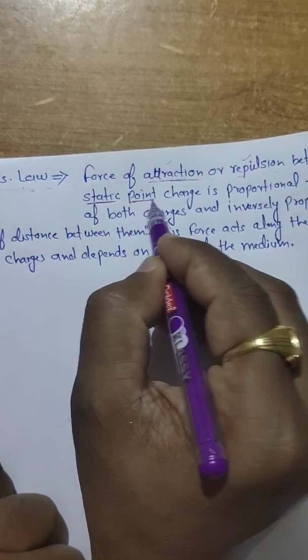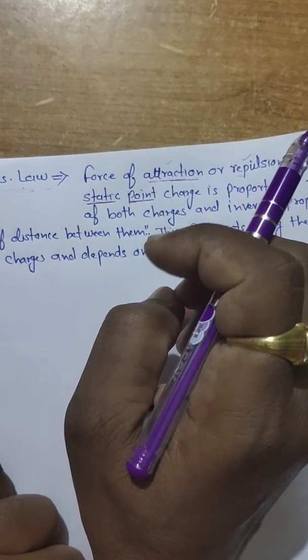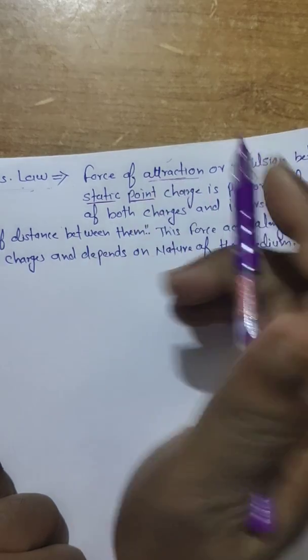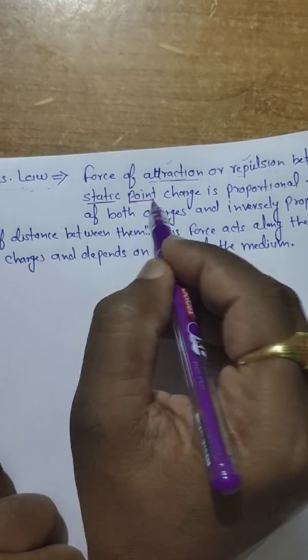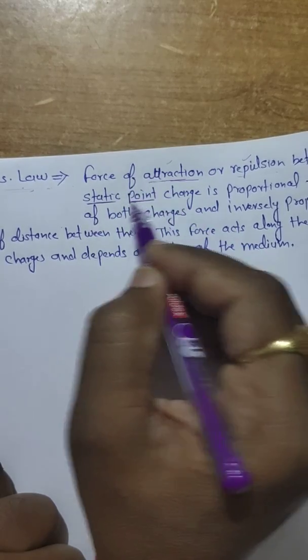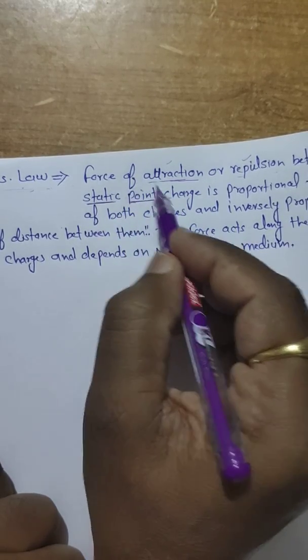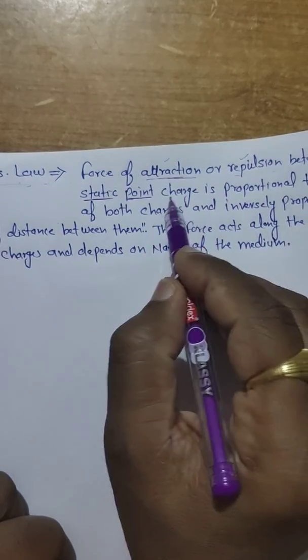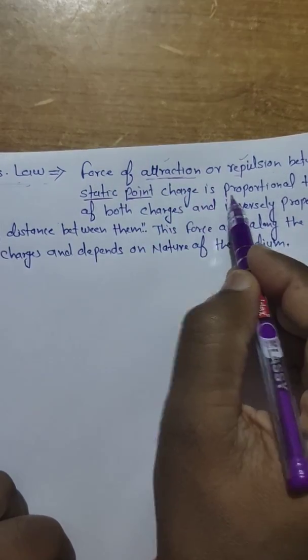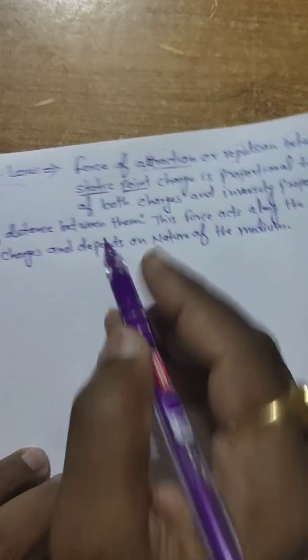Point charge means the charge is concentrated in a very small volume or a spherical body, considered as a point charge. Later we will discuss why spherical bodies are known as point charges. Okay, it is proportional to the product of both charges.